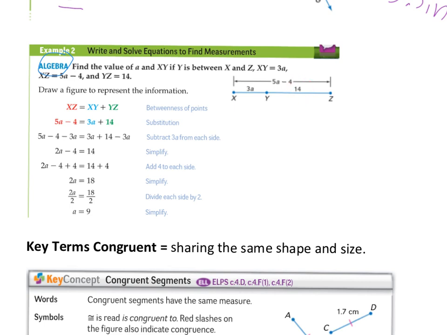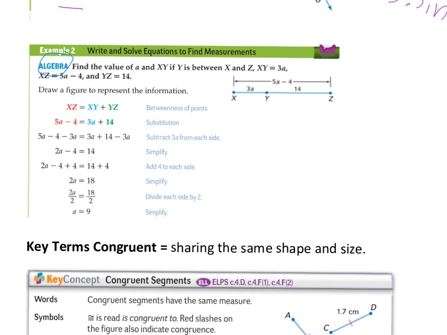So, first step, write out our fundamental equation, as they did here, that the full distance, xz, is equal to xy plus yz. The full distance is equal to this part plus that part. Then they substitute what they know.